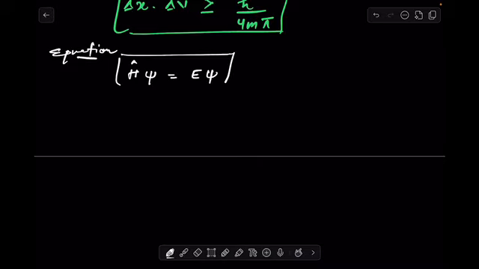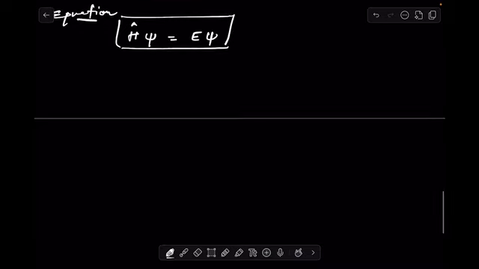This is the short form of the Schrödinger wave equation. It can also be written in a three-dimensional form. That's not going to complement the upcoming tasks in the syllabus, so we are skipping that.